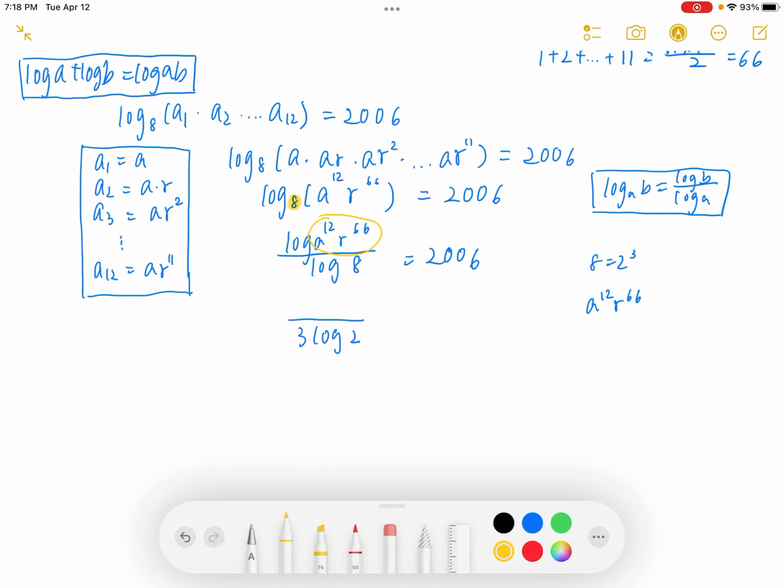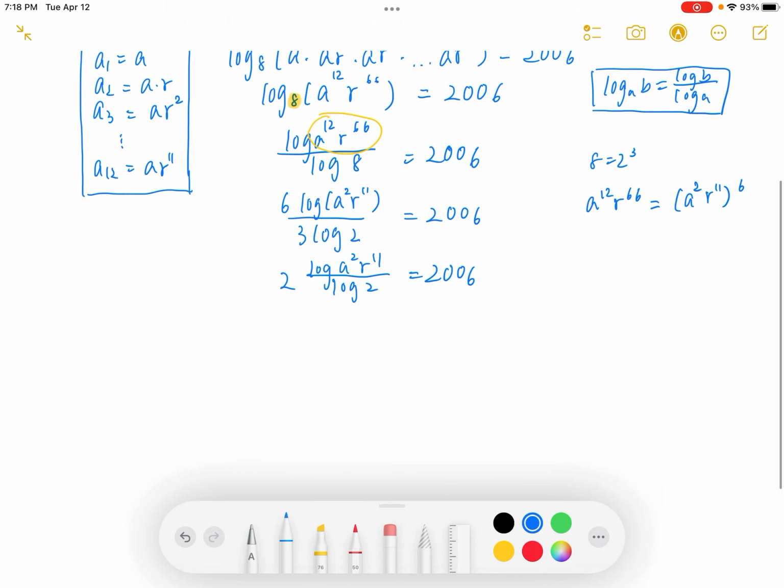a to the power of 12 times r to the power of 66 is just equal to a to the power of 2 times r to the power of 11, all to the power of 6. So it will be equal to 6 log of a squared times r to the power of 11, divided by log a, which is equal to 2006.